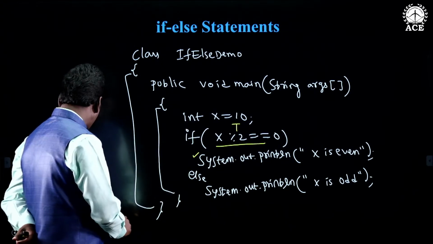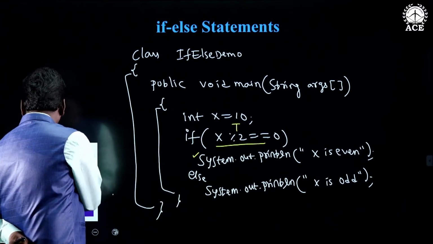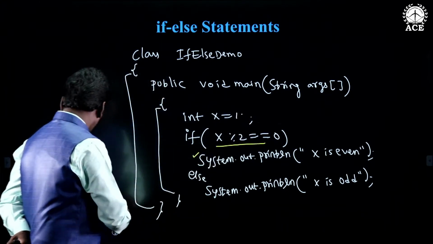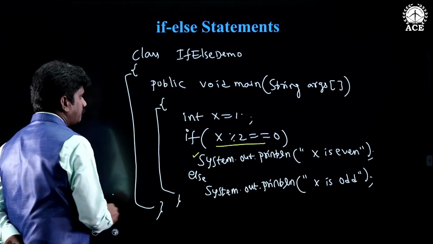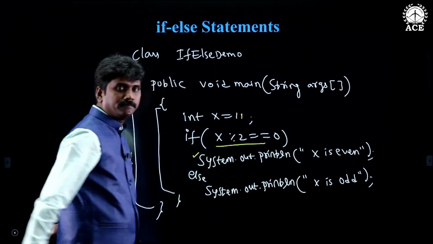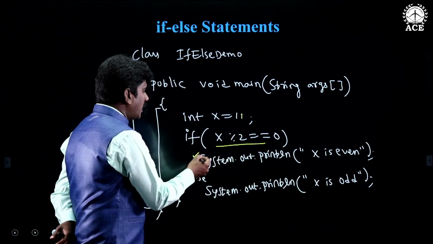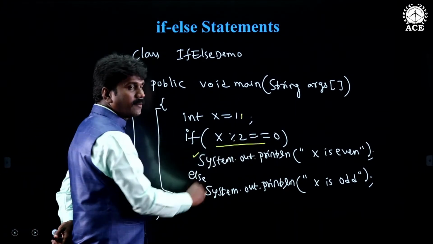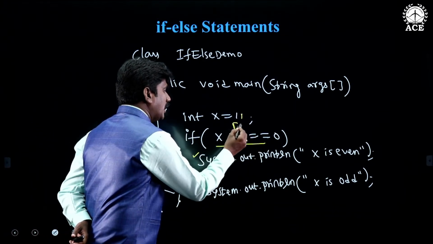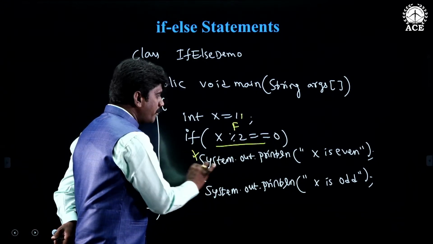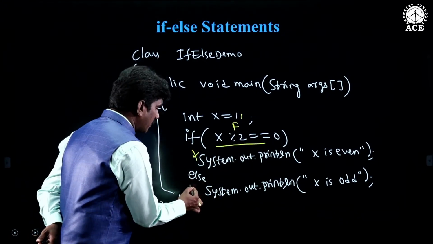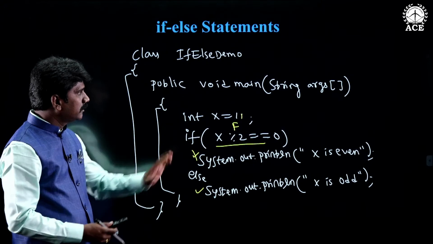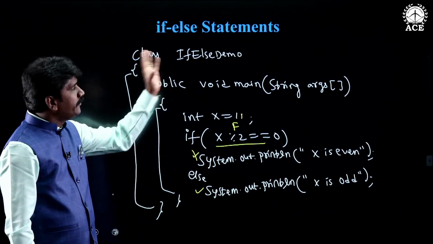Suppose I change the value here, I modify x is equal to 11, and the condition we check is x mod 2 is equal to 0. 11 mod 2 is equal to 0 is false. If it is false, then the if block will not be executed, directly the control goes to the else and this part will be executed. This is about the if else statement.